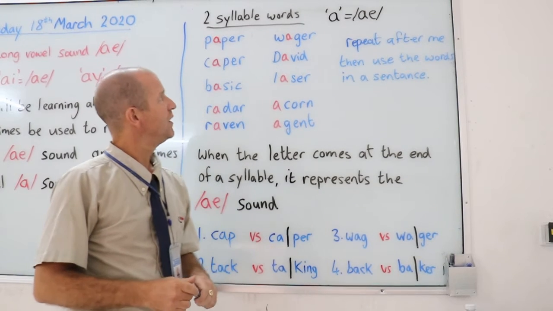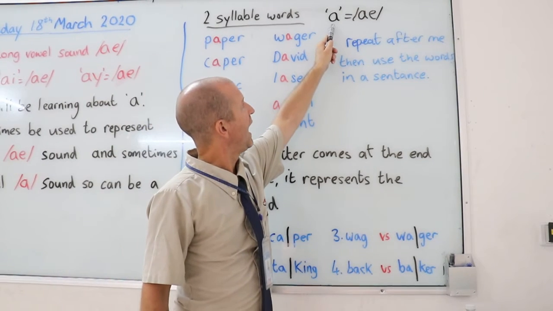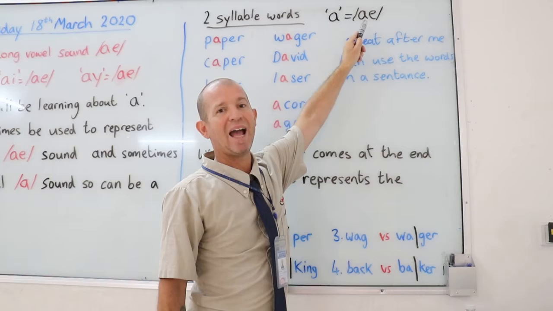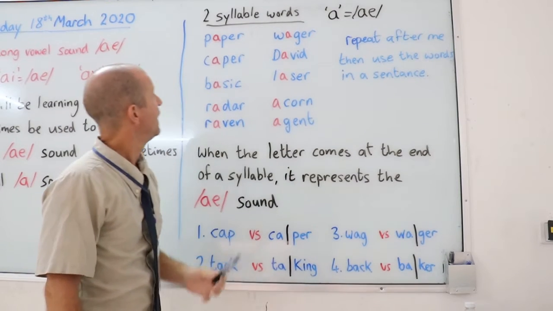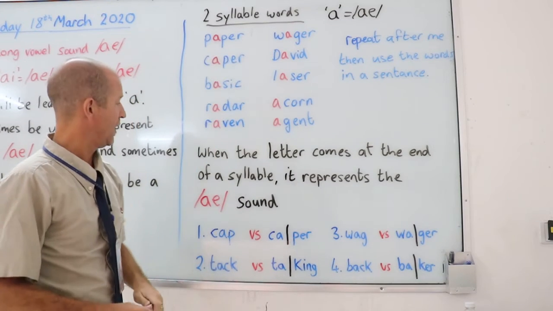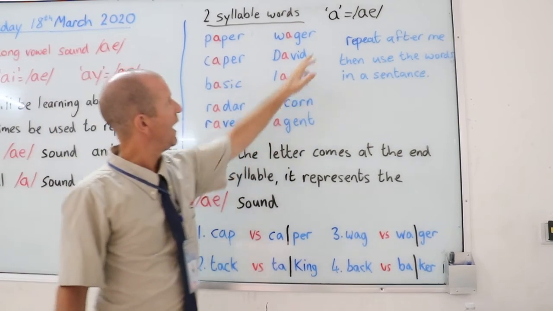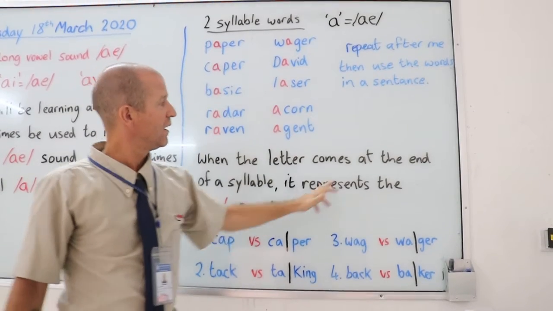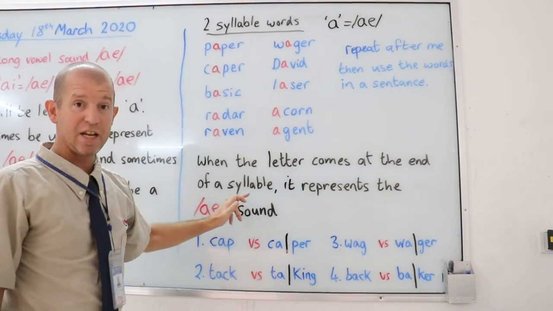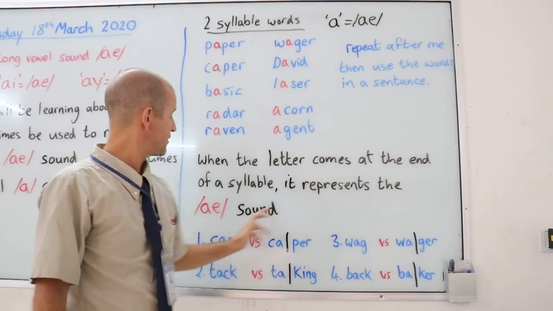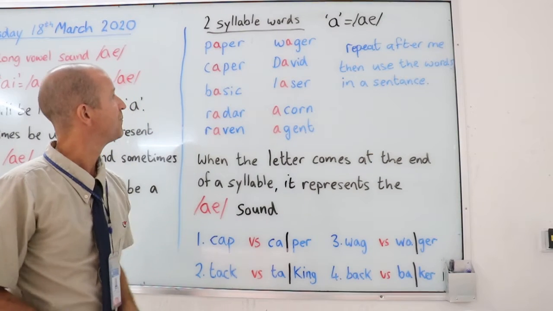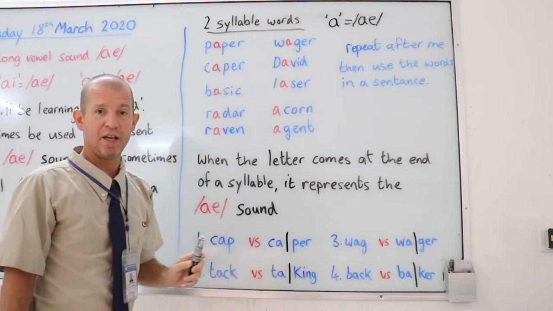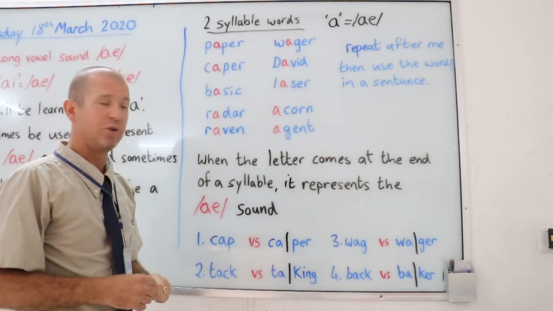Okay, so we're going to learn about the A as an A rather than an A. We're doing this in two-syllable words because when the A letter comes at the end of a syllable, it represents the A sound. We've learned about syllables before.